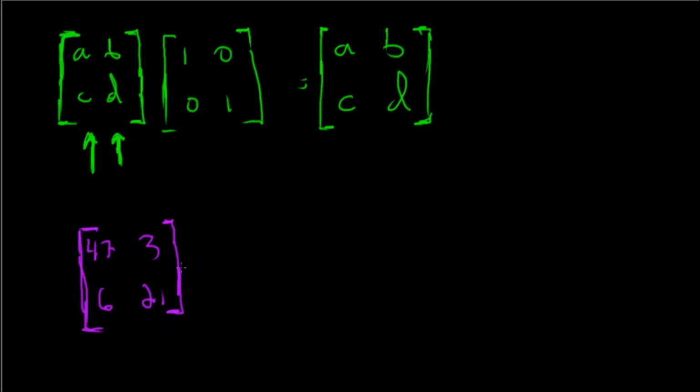What does it do to an arbitrarily given vector? It takes the vector 1, 0 to 47, 6, and it takes the vector 0, 1 to 3, 21. So whatever that is, that is the operation. The first column of your given matrix is what it does to 1, 0, and the second column is what it does to 0, 1.